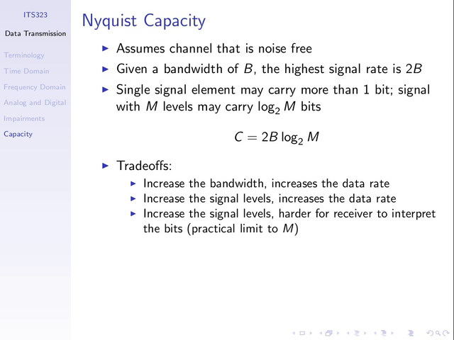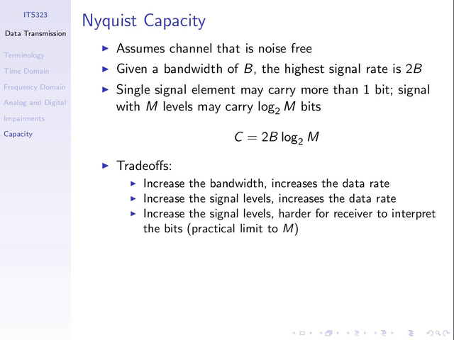If we take the same space, and use 4 different levels, so between -5 and +5, but separate that into 4 levels, this can give us a higher data rate, where M equals 4.